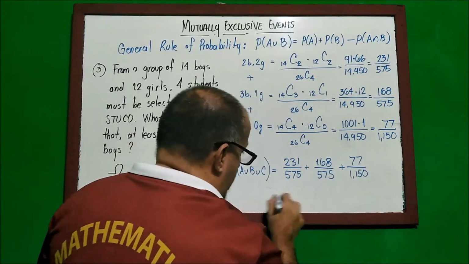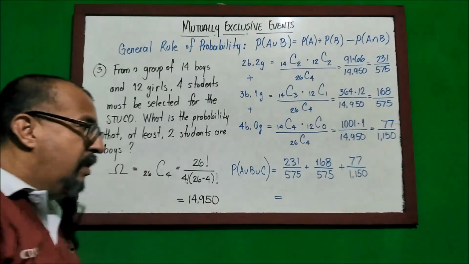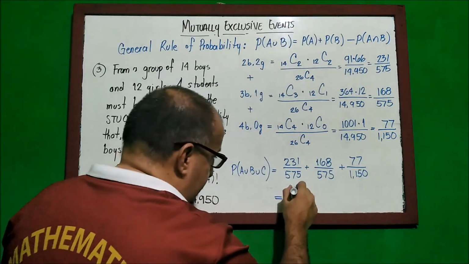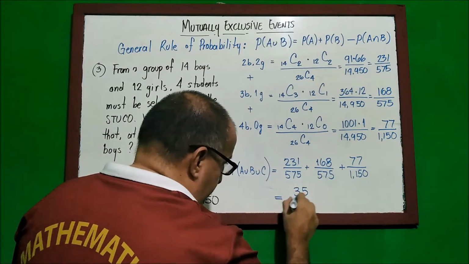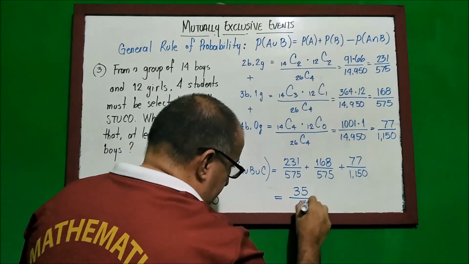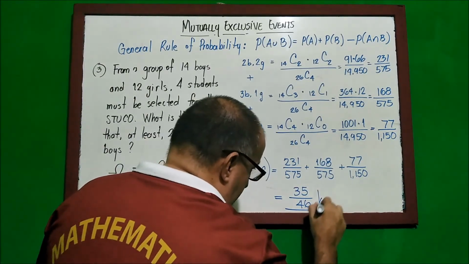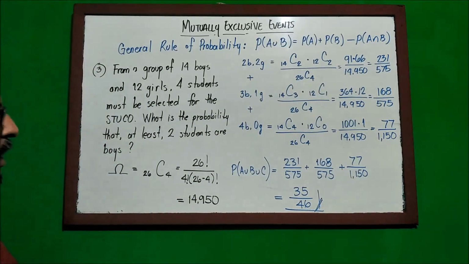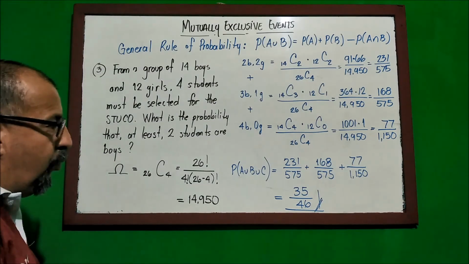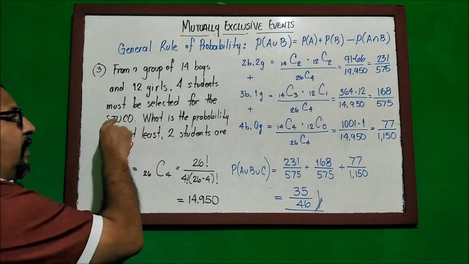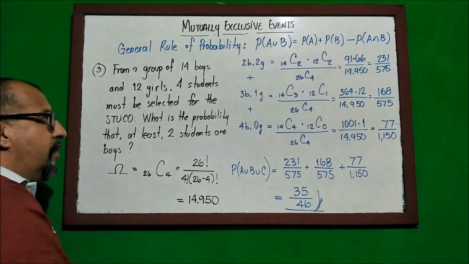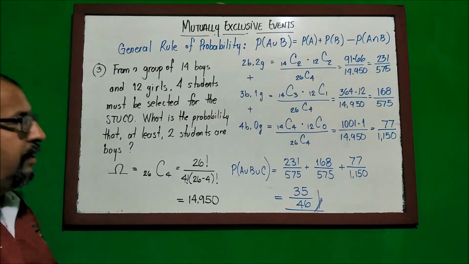And when you simplify all this expression, what you end up having is 35 out of 46. And this will be your probability that at least 2 boys will be selected for a student council from this set of students that we have in here.